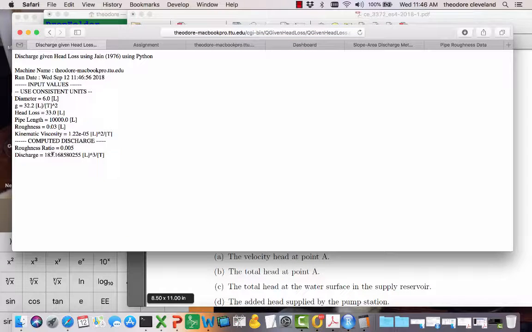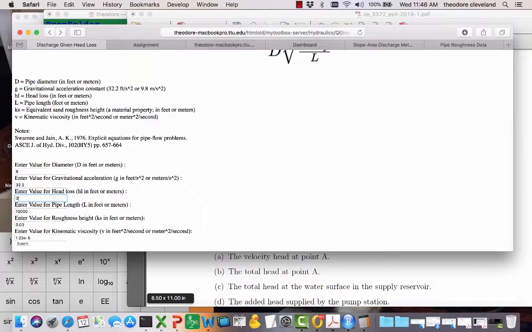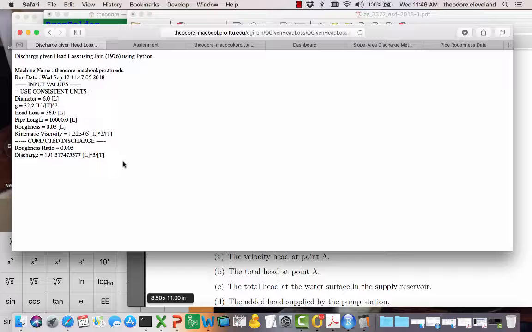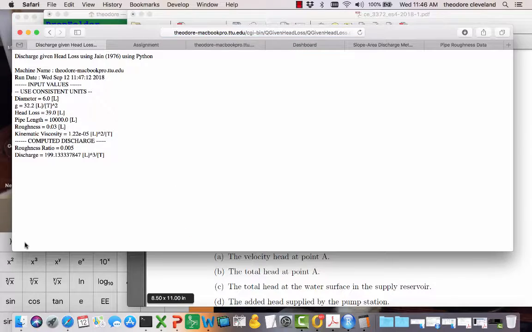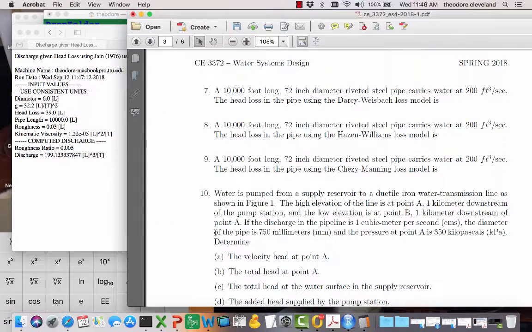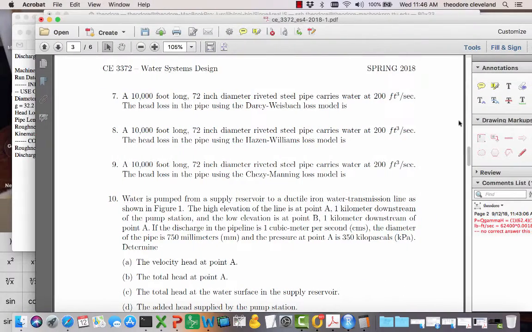We're at 183. Go to 36. Hit submit. We're at 191. We're pretty close. And I'm guessing 39 will get real close. 39 is 199. So the head loss for this one is roughly 39 feet of head. And that was simply using the Darcy-Weisbach model.